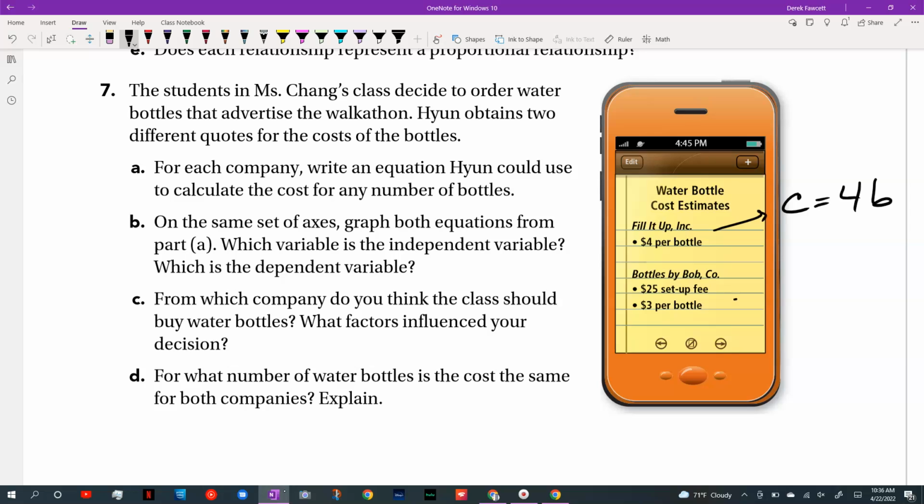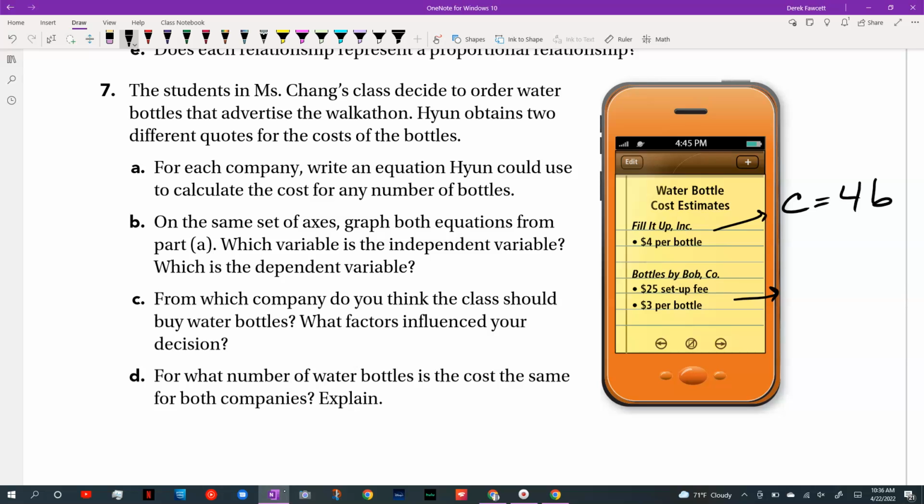For the second one, it's a little different because you have an initial setup fee. So you pay that setup fee whether you purchase 1 bottle or 1,000 bottles. Back when I had my math club years ago, I'd buy lots of t-shirts, several sets of shirts that I'd get screen printed every year. I'd have to pay for the setup because they have to get the pattern ready and then print the shirts.